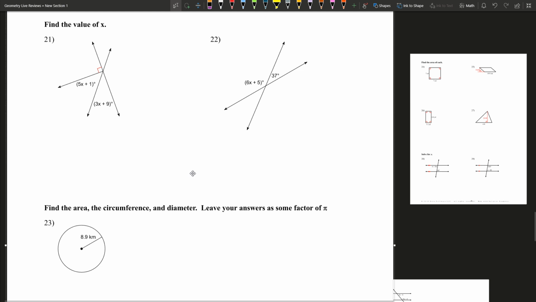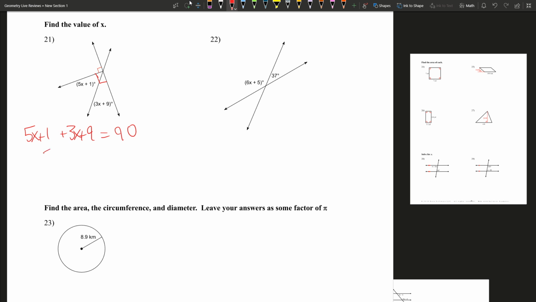21 and 22, again, this is mainly just addition postulate and then knowing what linear pairs look like in right angles and vertical angles. So 21, this entire angle is 90 degrees. So 5x plus 1 plus 3x plus 9 is equal to 90.